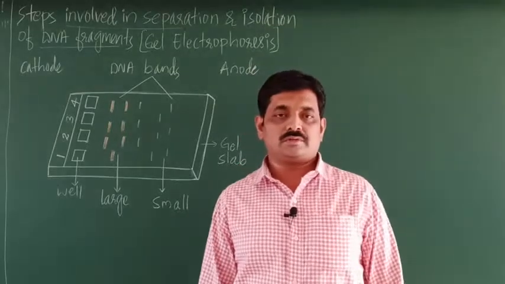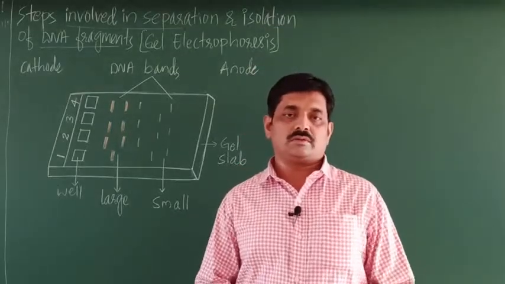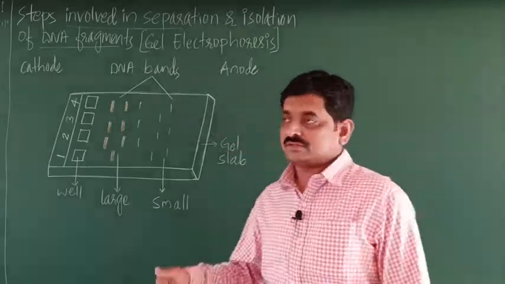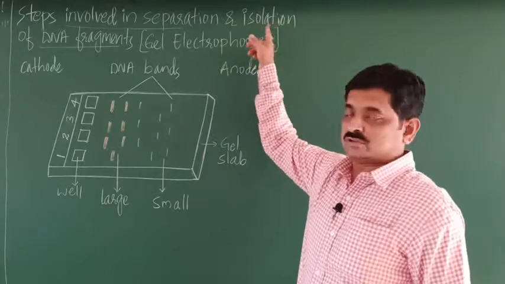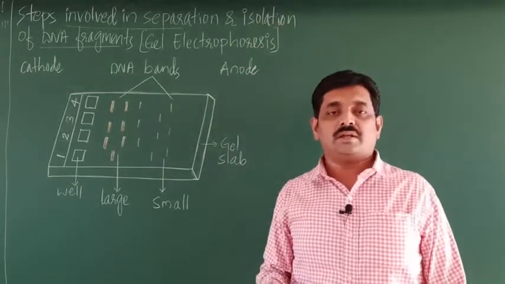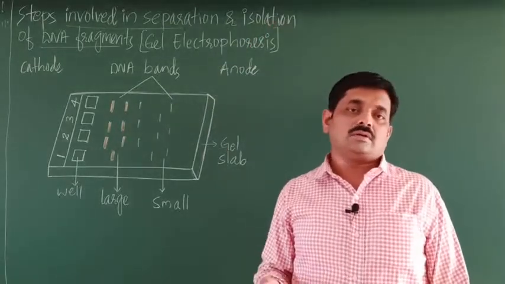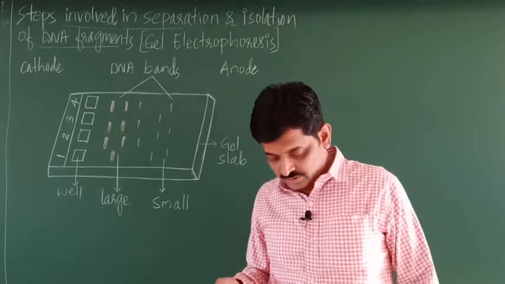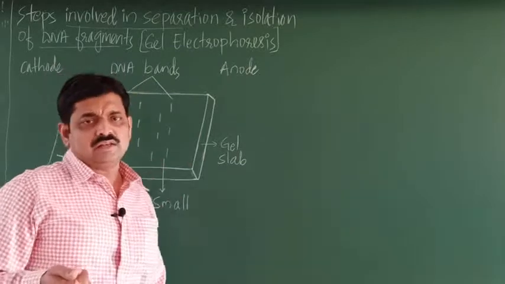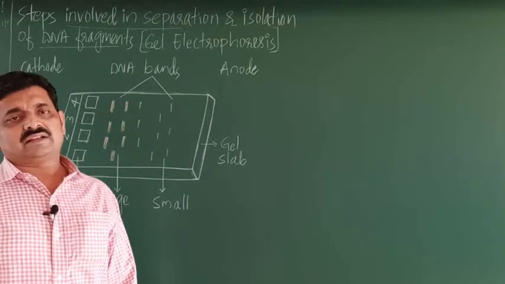Hello students. So we shall continue with the next part, that is the steps involved in separation and isolation of DNA fragments, or the steps involved in gel electrophoresis. So gel electrophoresis, it is a technique, right?